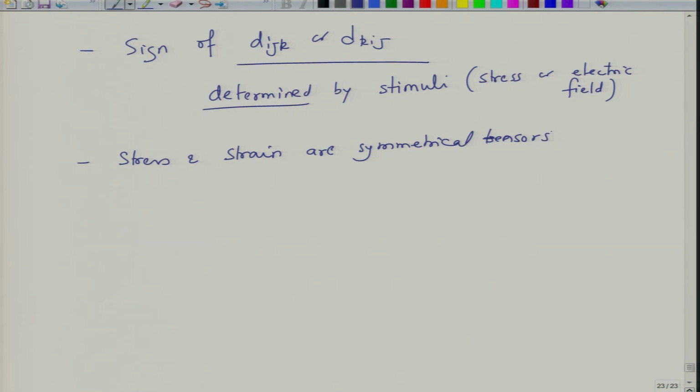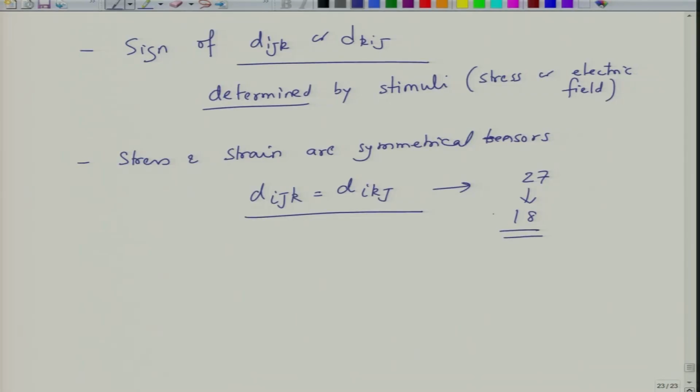Now essentially in this case, since the stress and strain are symmetrical tensors as we saw earlier, this also makes the piezoelectric tensors symmetrical with respect to similar indices. So, for example, dijk will become dikj. So, this is a symmetry argument which is applied. When you write the matrix of this dijk and make those similarities with what you did in the stress tensor and strain tensor, you can work out that dijk will be similar to dikj.